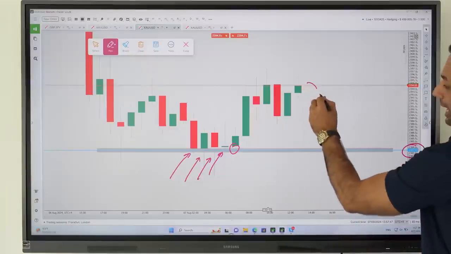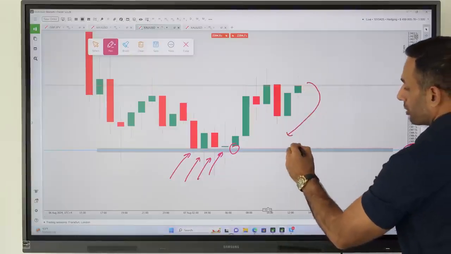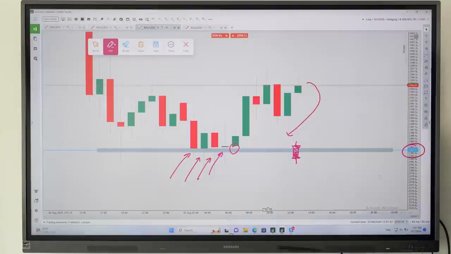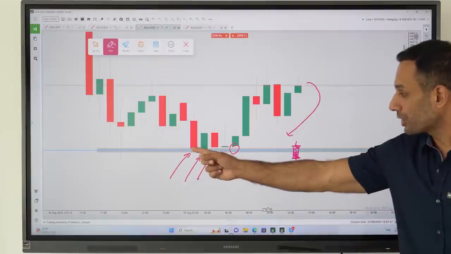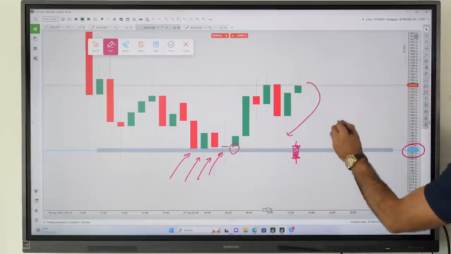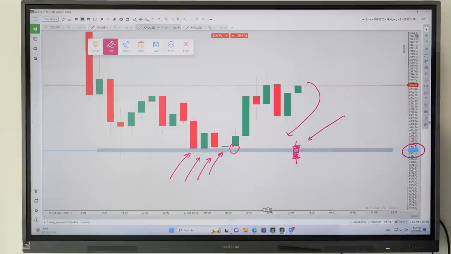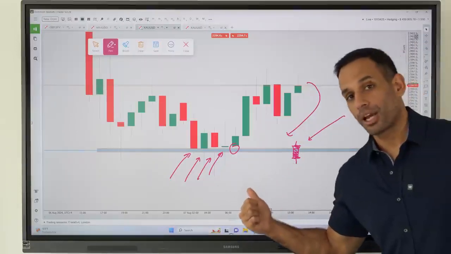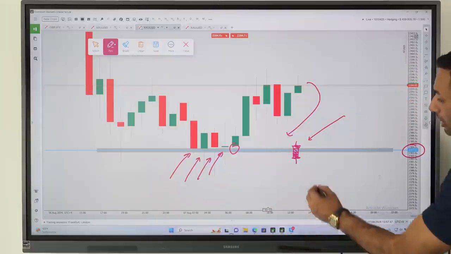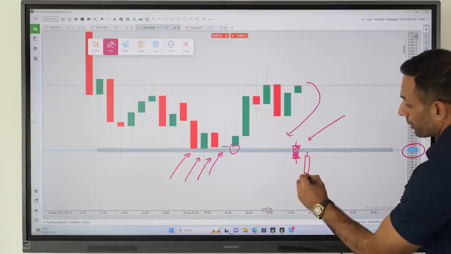Right now, if the next candles come down and you see a candle closing below, what's its price? 2383. Now you know that in the past we had 1, 2, 3, 4, 5 candles reject this area, and if one candle is closing below this area, this means there's a high probability for price to move where? Bearish. There's a high probability for price to move bearish right over here.